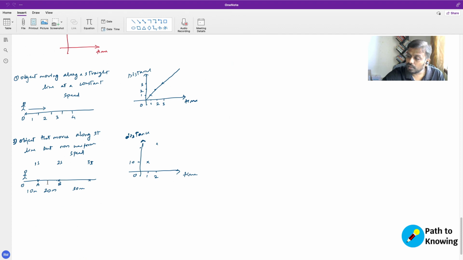And after 3 seconds, it is able to cover 30 meters, so after 3 it will be somewhere here. If you really plot this, it is not going to be a straight line. This one is going to be a curve, like an exponential path. So the distance time graph for an object that moves along the line with a non-uniform speed is going to be a curve. That's the primary difference.